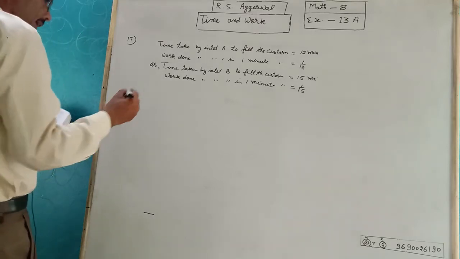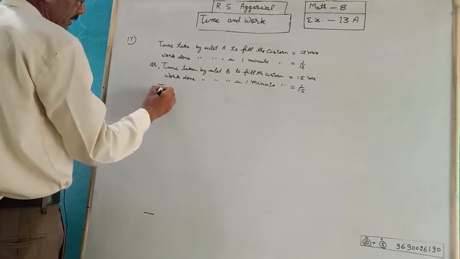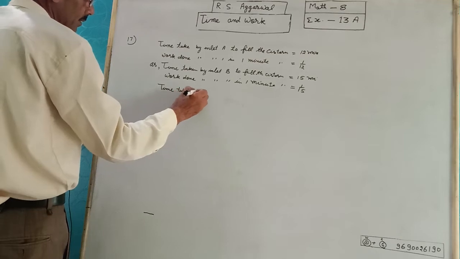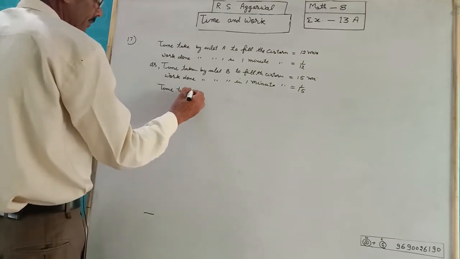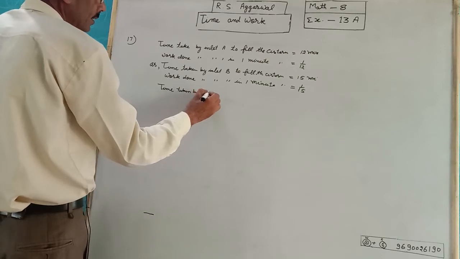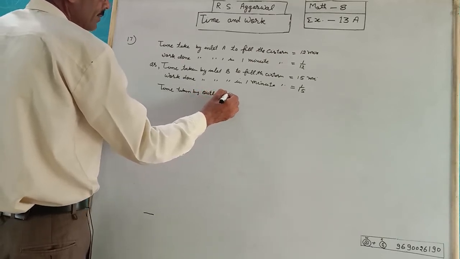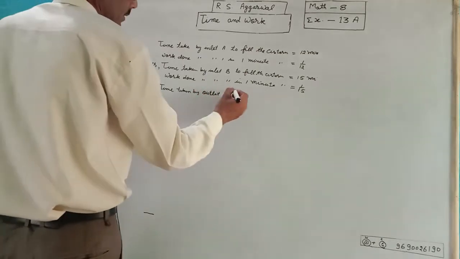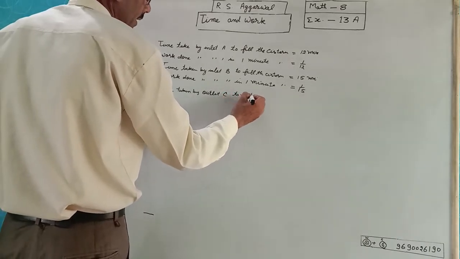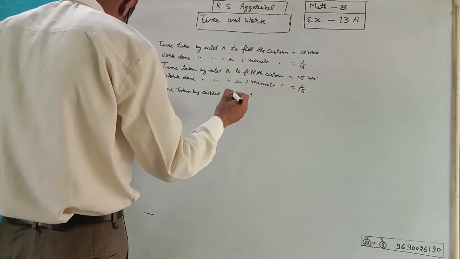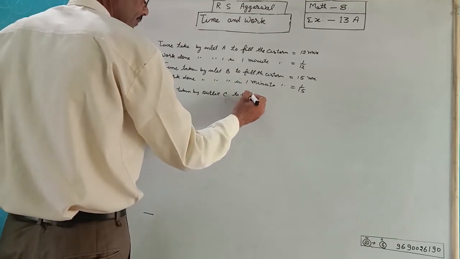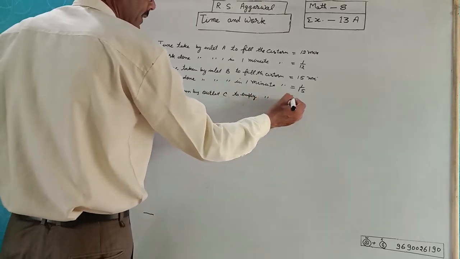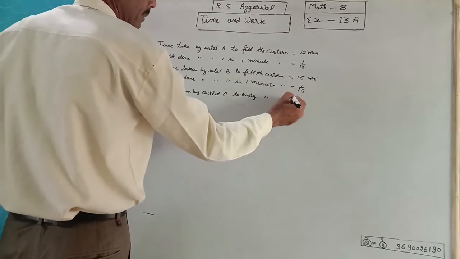C is the outlet. The time taken by outlet C to empty this cistern is equal to 10 minutes.